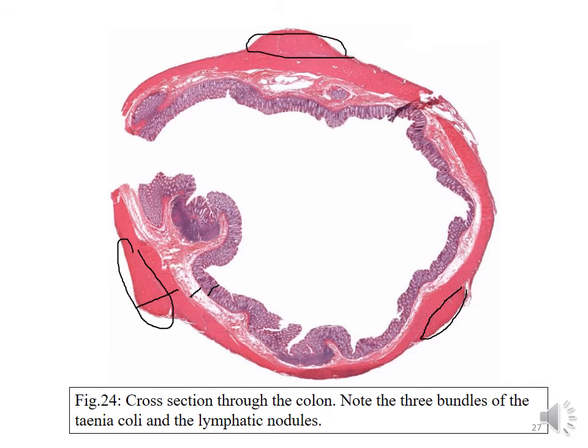So the teniae, the longitudinal muscle layer, have arranged themselves into three longitudinal bundles of muscles. This is a characteristic feature of the colon. Also, what do we see here? We see a lot of lymphatic nodules found in the submucosa, reaching down deep into the submucosa of the colon.